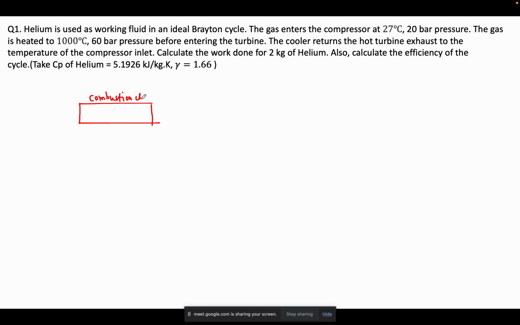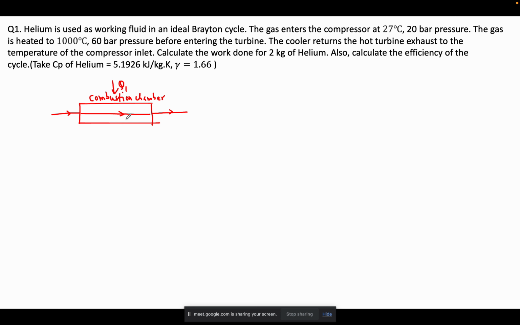Now here we will be putting some amount of heat Q1, in order to heat up the fuel. So the fuel that will be entering will be a heated fuel that will be coming out.